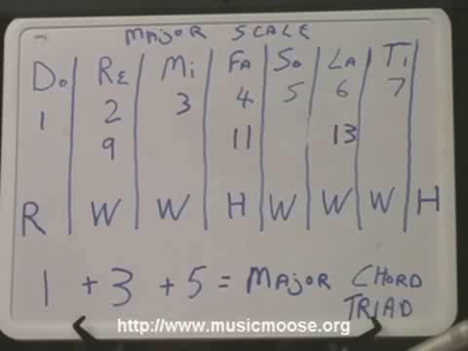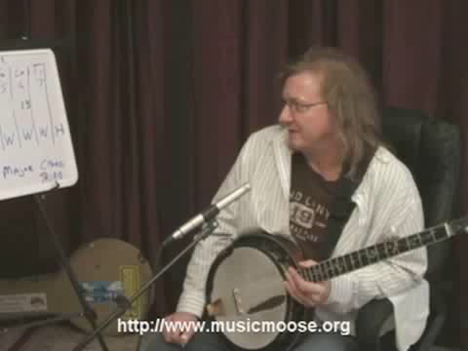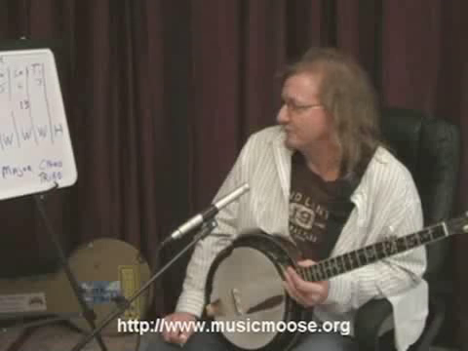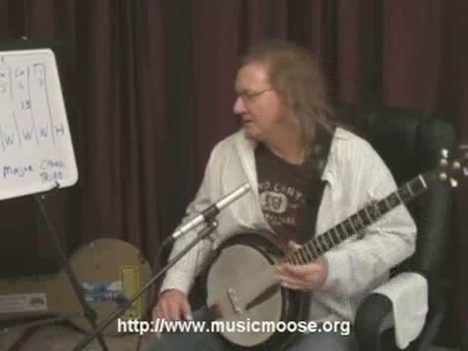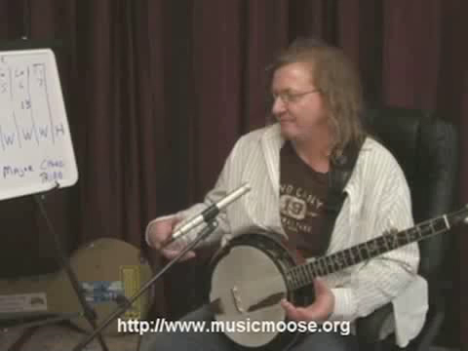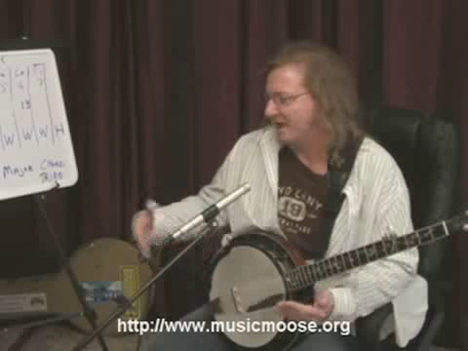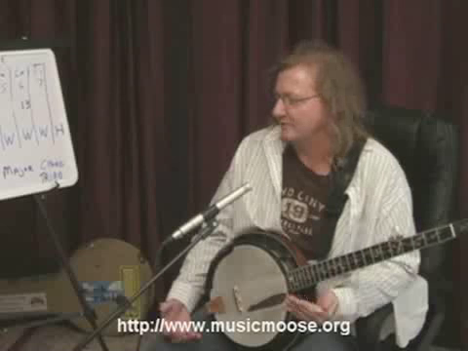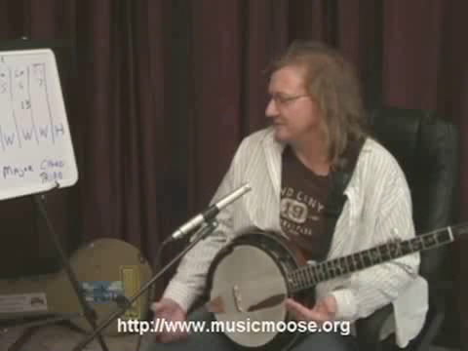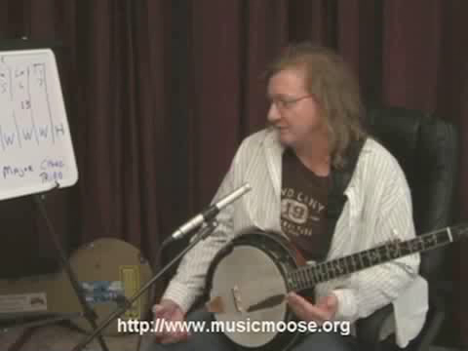Now we're going to start with what they call a triad. A triad is simply a 3-note chord. Tri means 3, and we're going to take 3 notes out of that major scale to form our major chord. Different chords have different formulas or recipes, and there's a lot of different formulas that I'm going to be going over, but we're going to start with the very basic major chords that we already know.